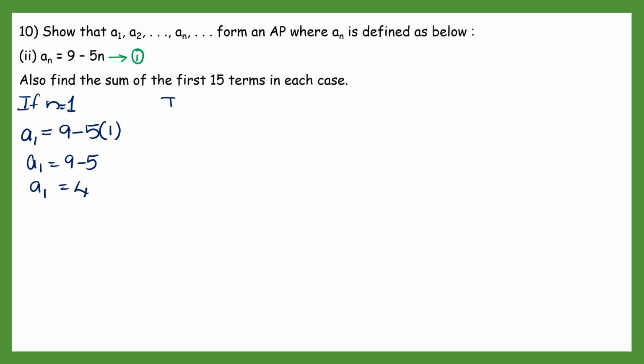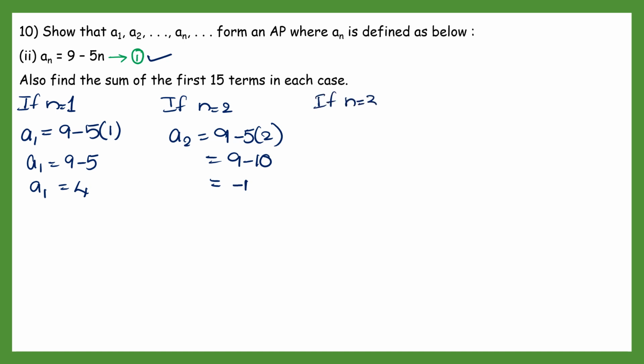Now if n is equal to 2, you get a2 is equal to 9 minus 5 into 2. So 9 minus 10, we get a2 as minus 1. And now if n is equal to 3, substitute n is equal to 3 in the first equation, we get a3 is equal to 9 minus 5 into 3. So 9 minus 15, we get minus 6.